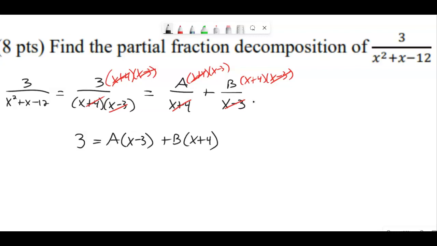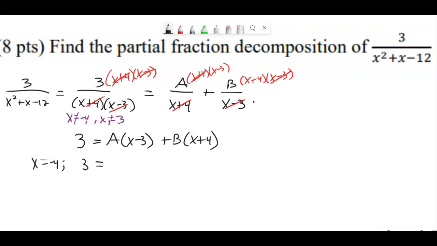Okay. Now originally there were 2 values that were not in the domain. X can't be negative 4, and x can't be 3. Those 2 values end up being the secret decoder for this problem, because if I let x equal negative 4, although it was not in the domain of the original rational expression, it is in the domain of this polynomial expression, and in fact it makes all sorts of fun stuff happen.